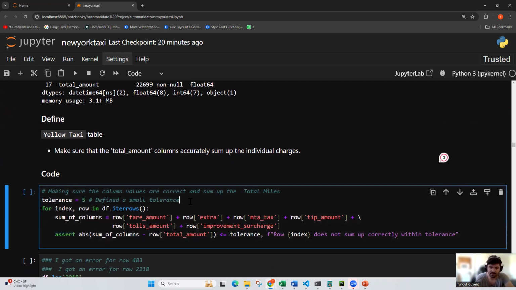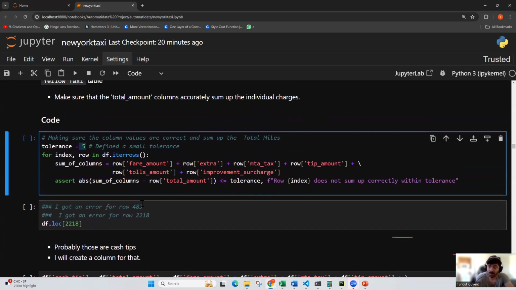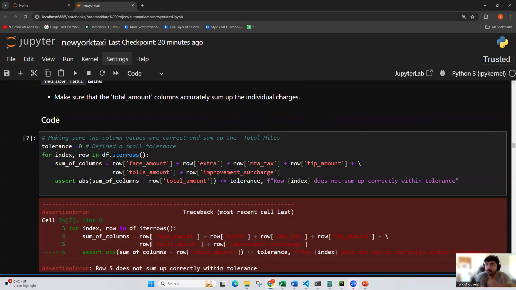I set the tolerance to $5 because some data types are giving errors, and I realized where those come from. In the beginning, of course, we could always set a tolerance of 0.